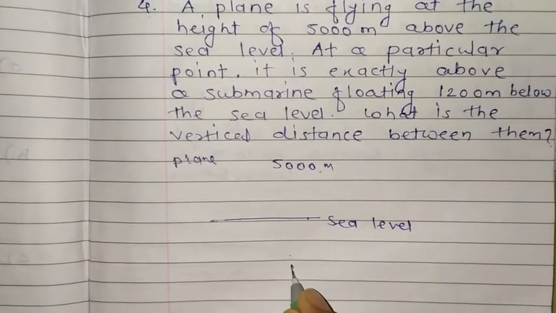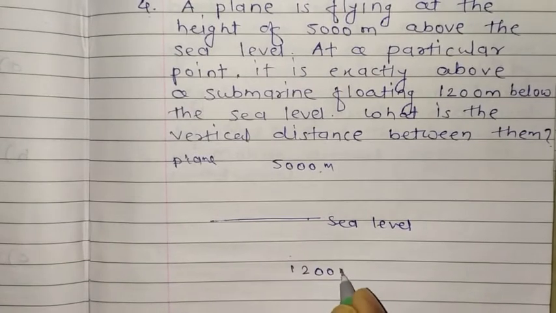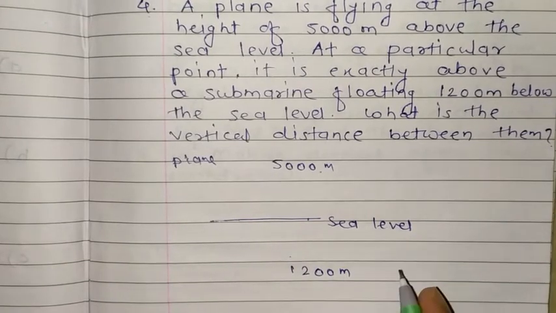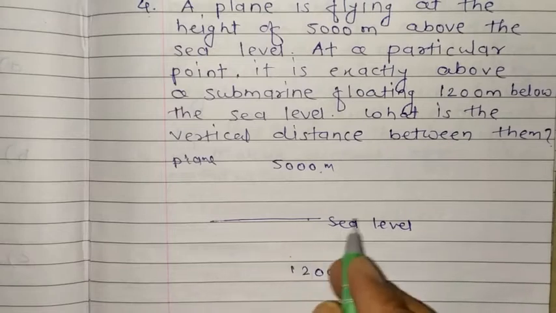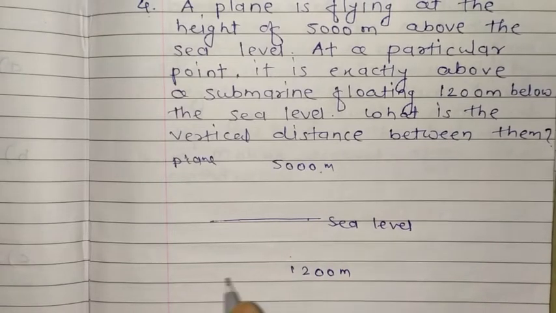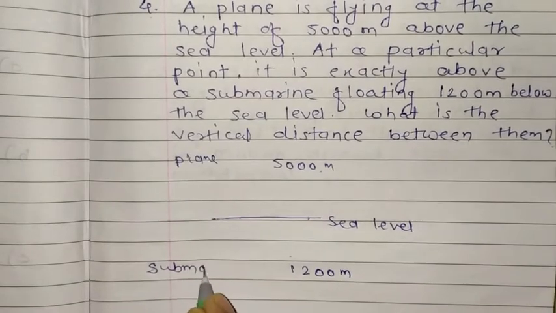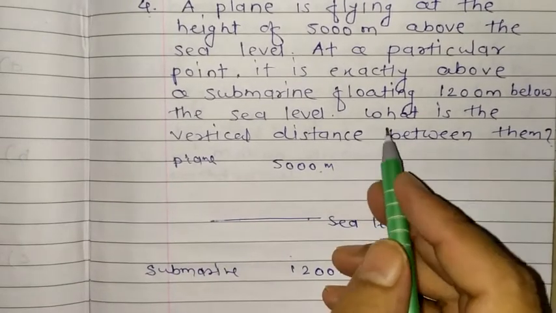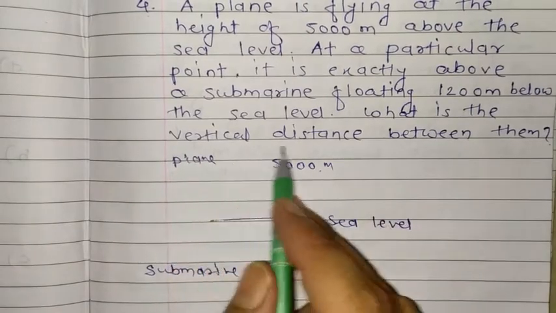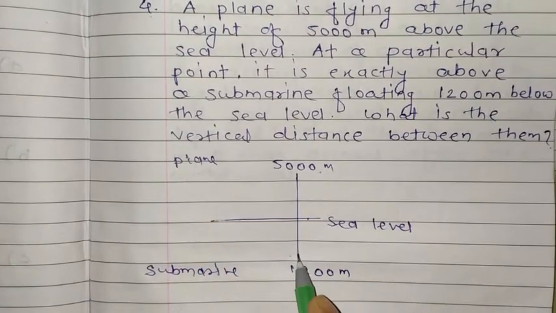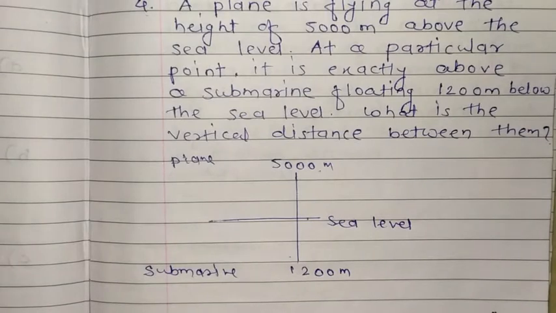So this is the level of 1200 meter, and which is below the sea level. Got it? So here the submarines are there. So what they are telling, what is the vertical distance between them? So they are asking this distance.